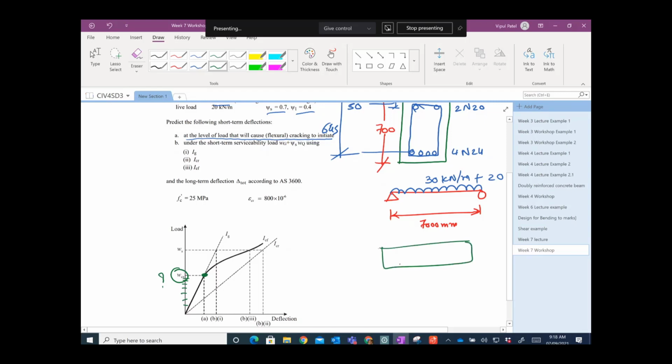That's the load they want to calculate. Under the short-term serviceability, you need to calculate I gross, I crack, I effective, and the total long-term deflection delta total. The concrete compressive strength is given, and the shrinkage strain is given to us.